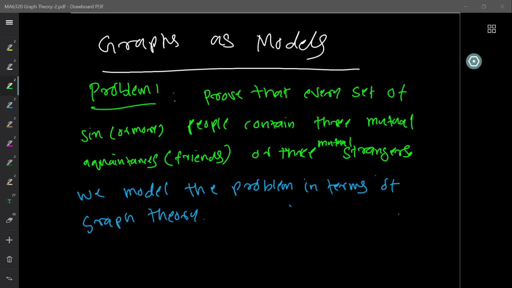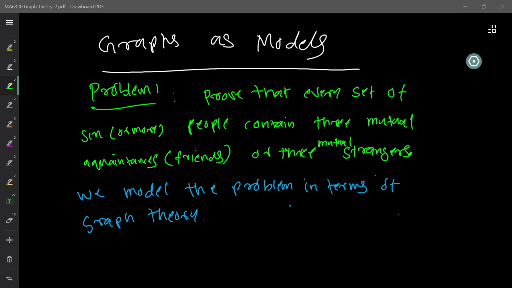But can we always say that there will be at least 3 people who know each other, or at least 3 people who don't know each other? It turns out that if there are at least 6 persons in the group, then we can always say that one of these happened: either there are 3 friends or acquaintances, to be precise, or 3 mutual strangers that none of them have met each other. So how do you model such a question in terms of graph theory?